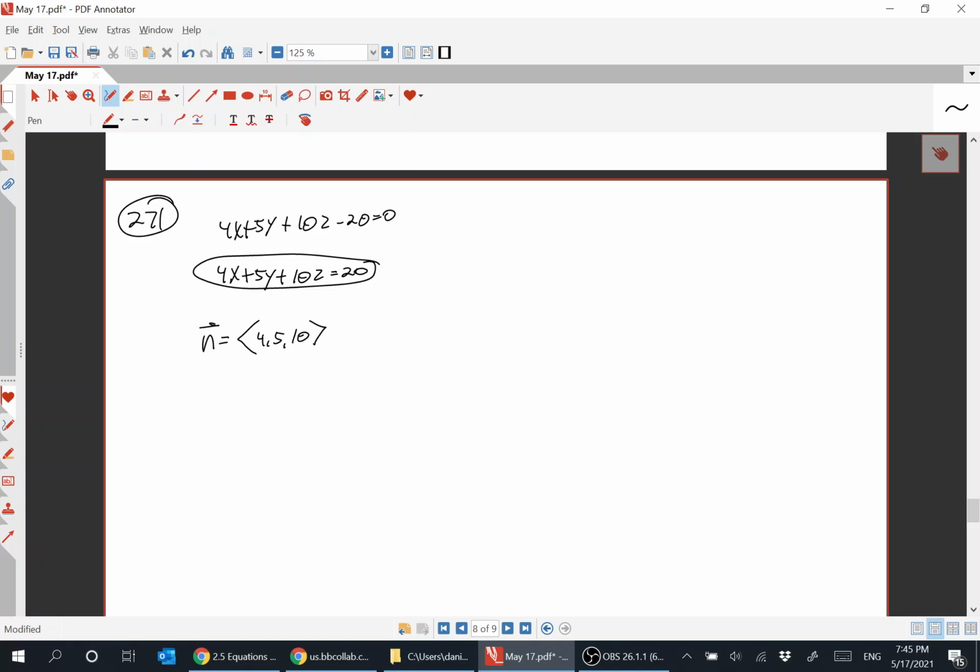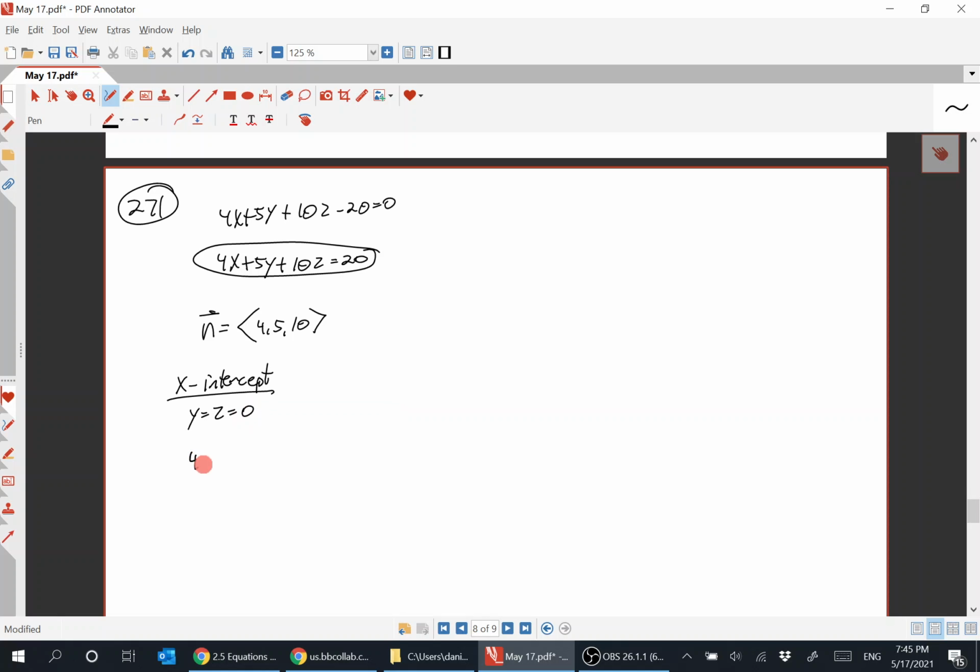All right, so for the x-intercept, how are you going to find it? It's where the others are equal to 0. So y is equal to z is equal to 0. Now you've got 4x is 20, so x is 5.